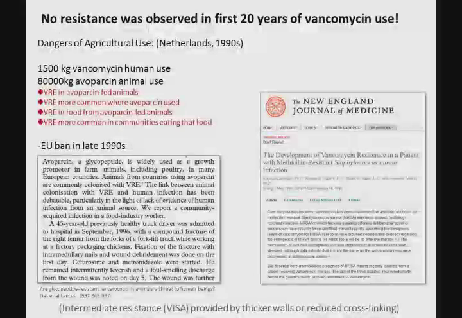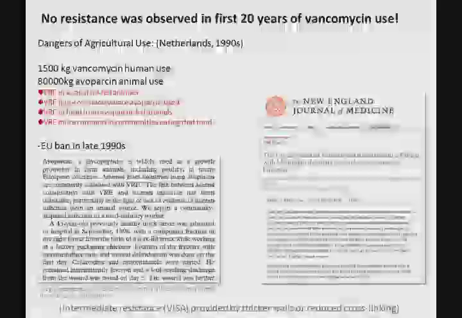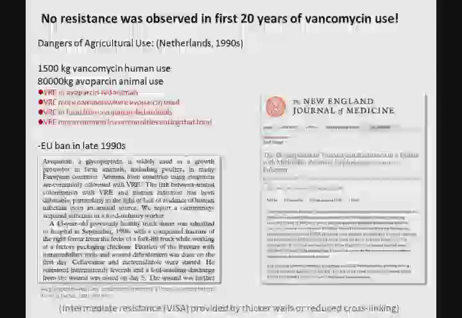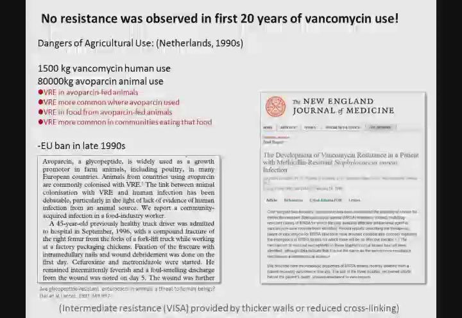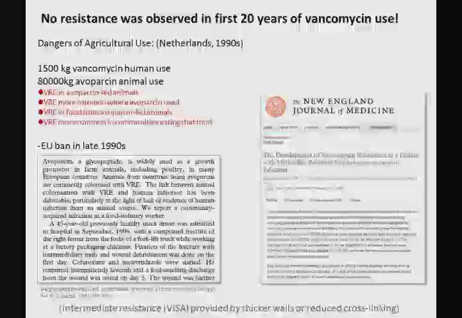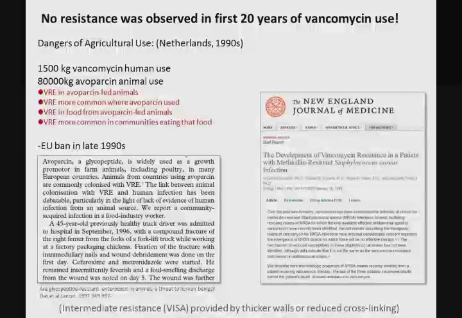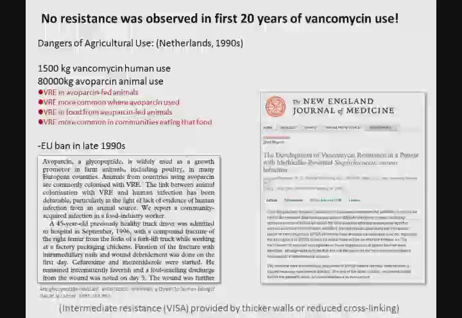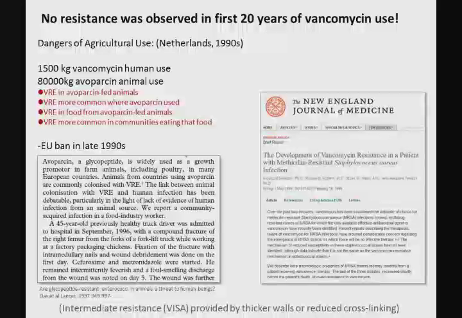When we're talking about resistance to vancomycin and related compounds, I've just put this note on the bottom. Intermediate resistance is not full resistance. Intermediate resistance is when a bacterium, which normally has a cell wall of a certain thickness and is susceptible, can become VISA, vancomycin intermediate susceptible, just by making a thicker wall.